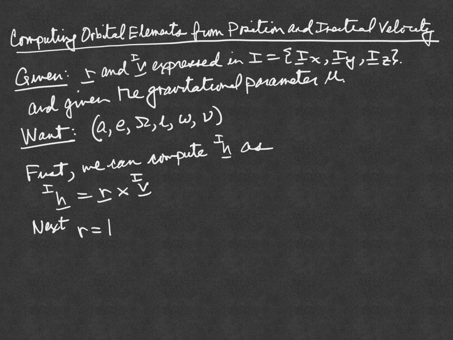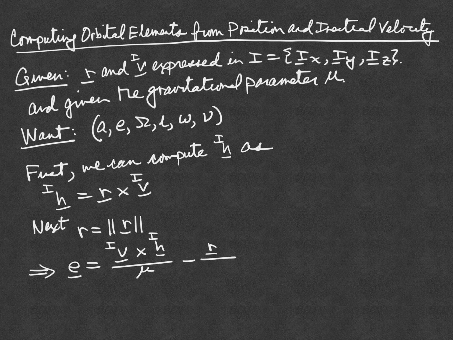So R is equal to the magnitude of the position R. From that, we can compute the eccentricity vector, which is VI crossed with HI, all divided by mu, minus R divided by the magnitude of R, which is the radius.